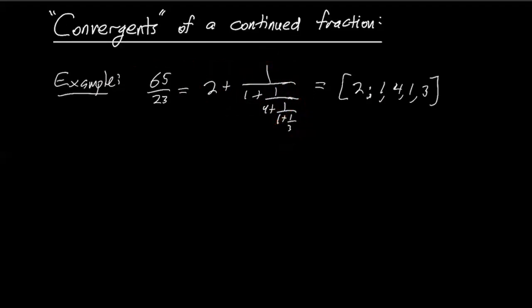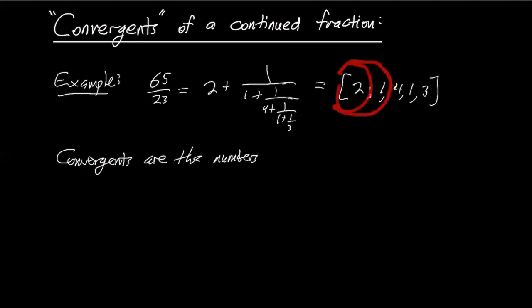So the convergents are the numbers. I mean, another way you could also write them, by the way, is cutting this off. So you could just say the first one's 2, the second one's 2 plus 1 over 1, the third one's this 2, 1, 4, which represents 2 plus 1 over 1 plus 1 over 4, right? And so on. So the convergents are the numbers.